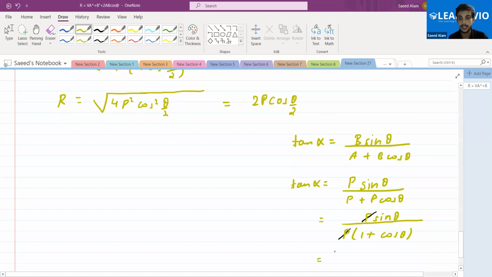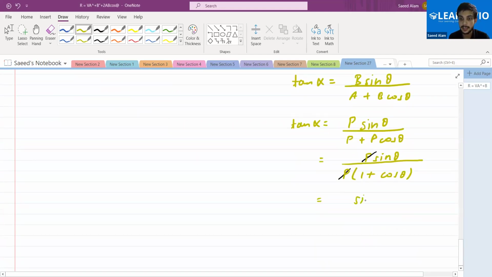Yes. What will be the result that I'll obtain here? That is sine theta divided by 1 plus cos theta. So what do you think we should do next here? 2 cos square theta by 2, exactly. So sine theta divided by 2 times cos square theta by 2.